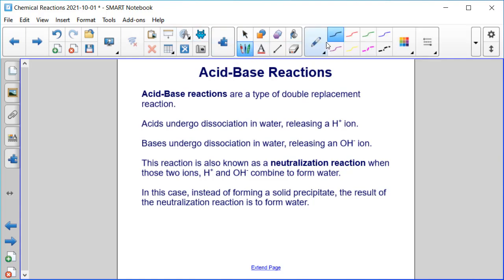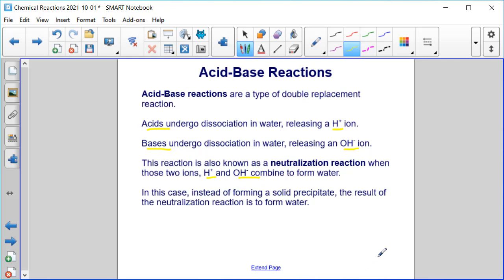In an acid-base reaction, acids undergo dissociation in water, releasing a characteristic hydrogen H+ ion, and bases in water undergo dissociation, releasing a characteristic OH- hydroxide ion.